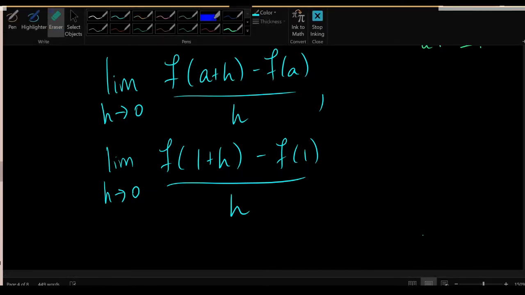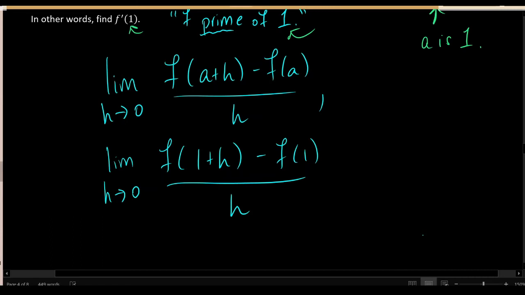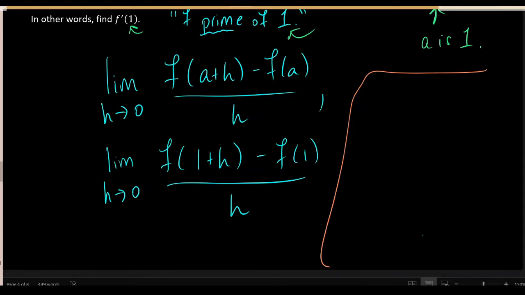Now, if I'm going to stand any chance of calculating this limit, I want to be able to simplify this as much as I possibly can. So I'm going to work on simplifying this quantity, and I'm going to focus my attention first on trying to figure out what is f of 1 and what is f of 1 plus h.